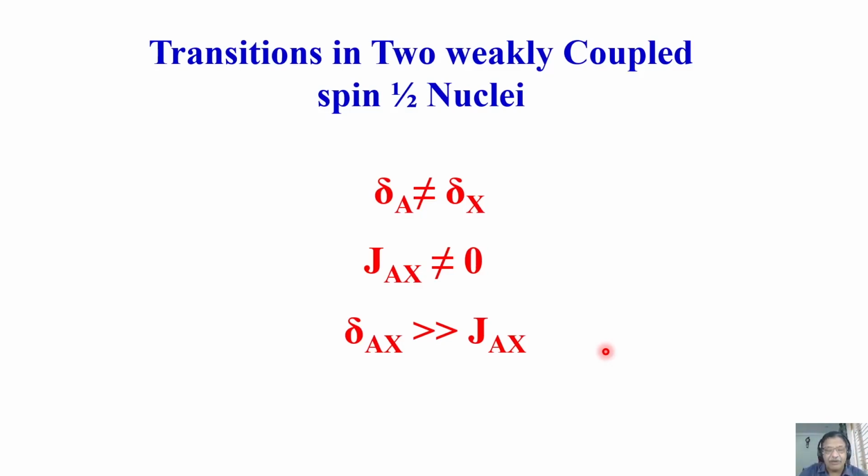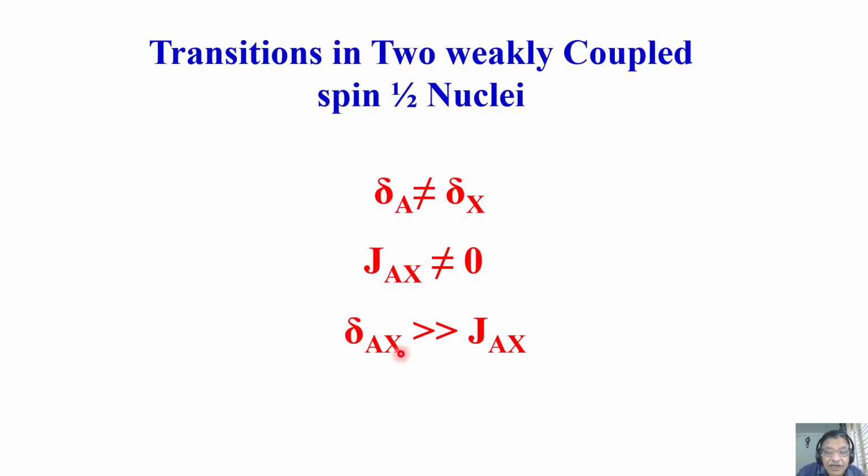In the previous example, we saw two peaks for non-interacting spins: chemical shift of X, chemical shift of A. Remember, one was here, one was here. And this separation you can measure. This is delta AX, the difference between the chemical shifts of A and X. Let us say this is about 20 ppm. 20 ppm at 400 or 500 megahertz is about 1000 hertz.